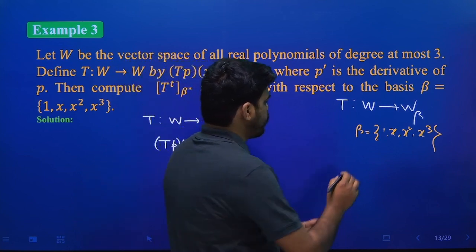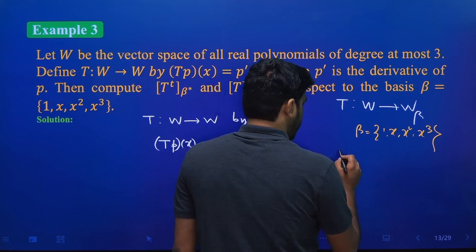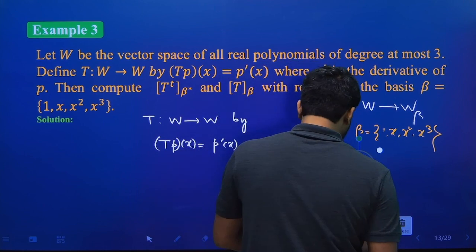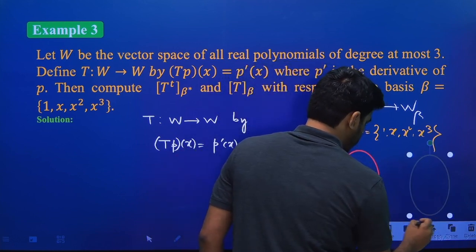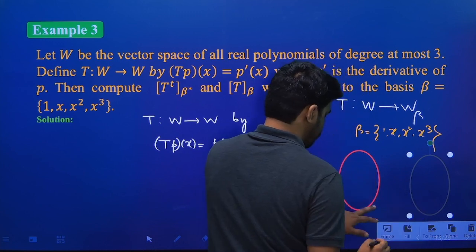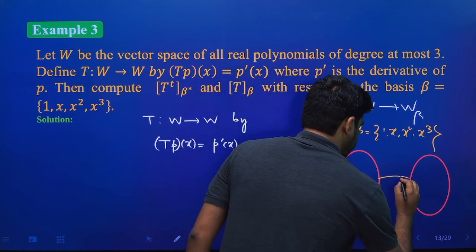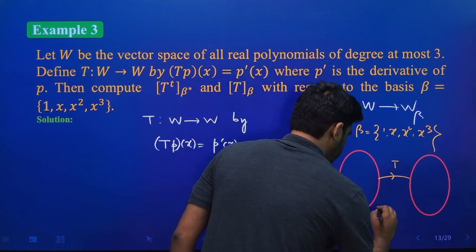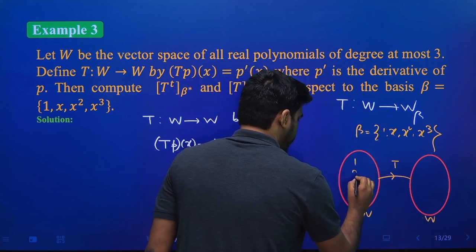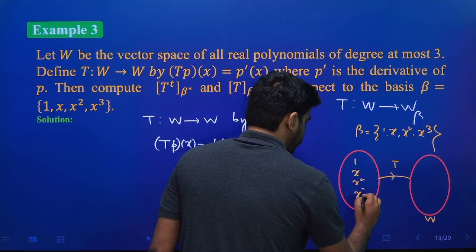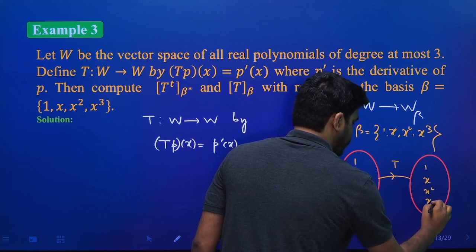So we have to calculate, look, here the basis for W, and the mapping is W to W, right? T is a mapping from W to W. The basis of W is 1, x, x square, x cube.